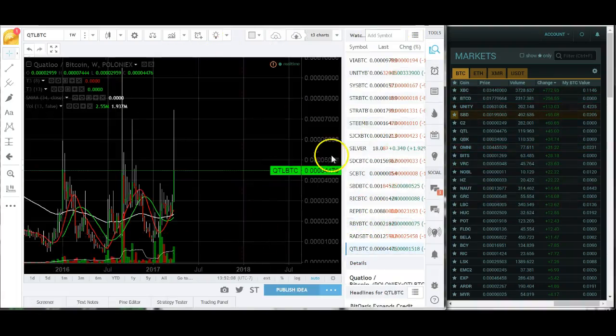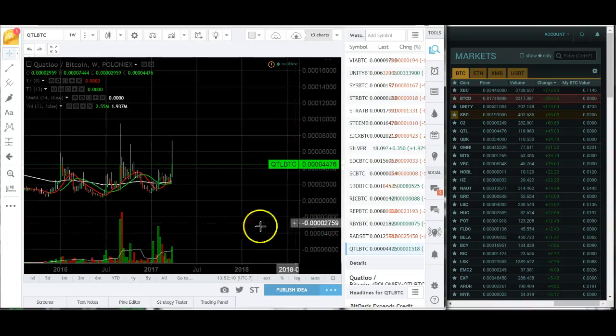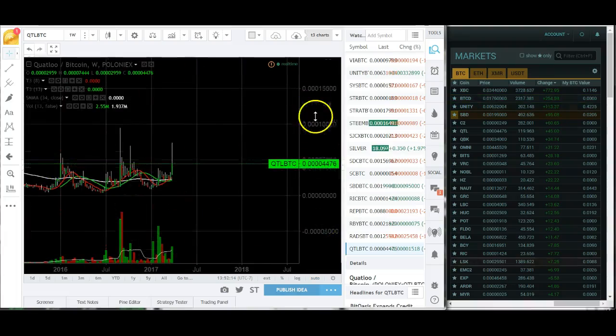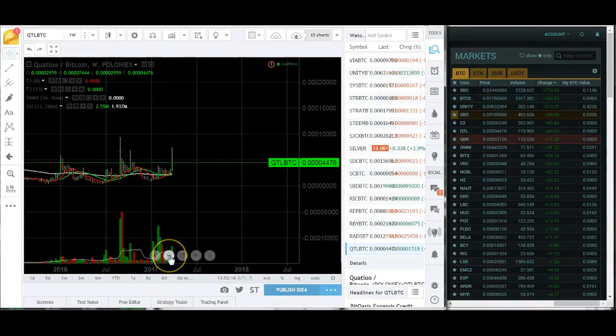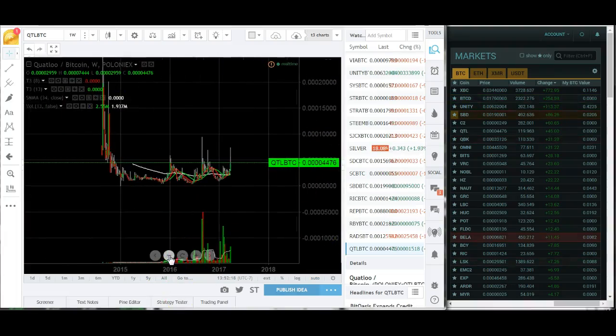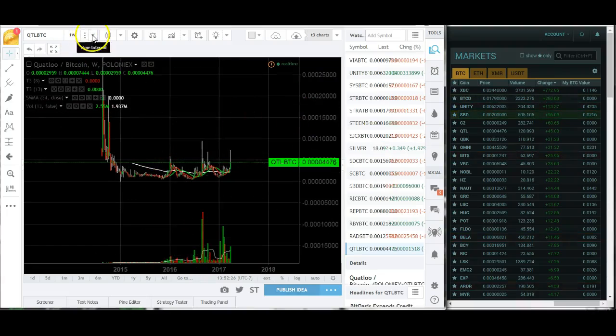There she is. QTL, I got previous high breaks coming. Another one breaking out. Absolutely gangbusters. So C2, QTL I don't own. I'm going to have to watch these on previous high breaks. There we go. Let's keep it moving.